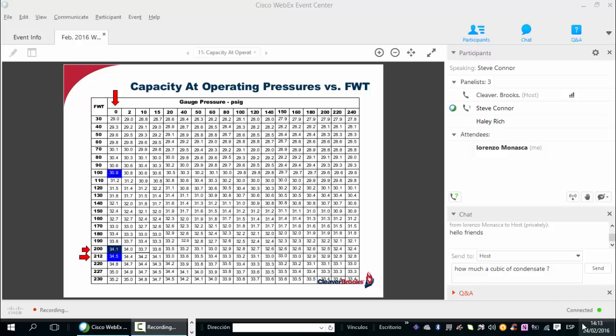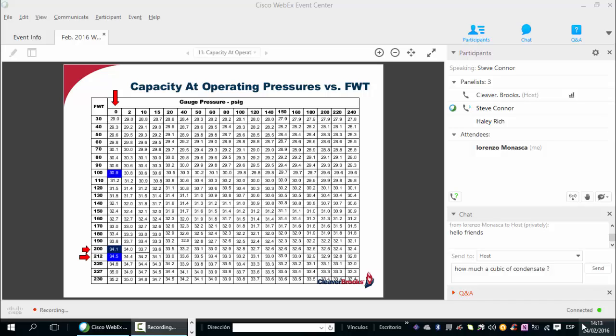Now, dropping this temperature slightly, just to 200 degrees, you see a slight drop in output. We've gone from 34.5 to 34.1 pounds per hour. But if we drop it to 100 degrees Fahrenheit, as highlighted in the blue above, it drops to 30.9 pounds per hour. Now that's an 11% drop in capacity.